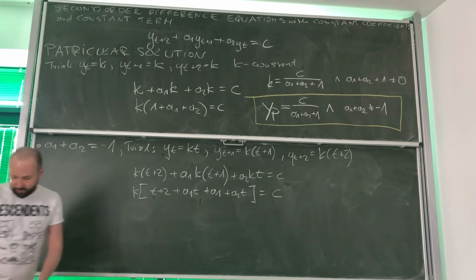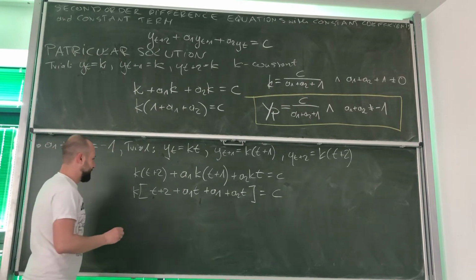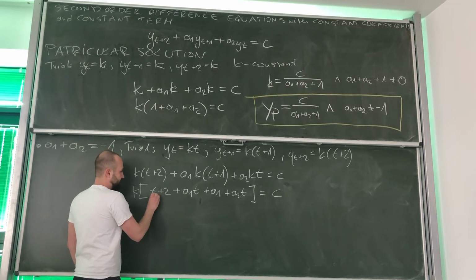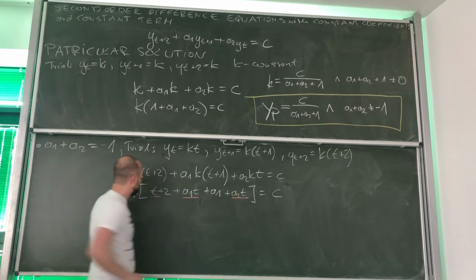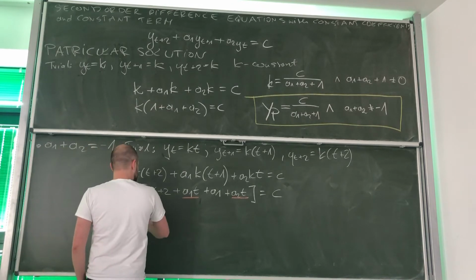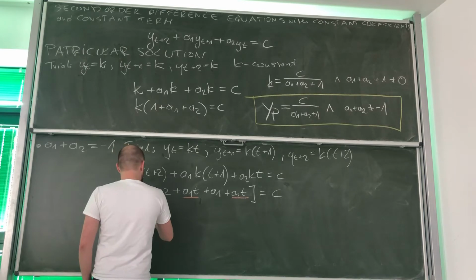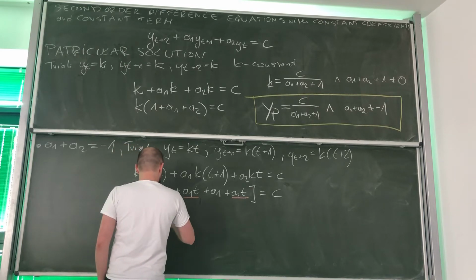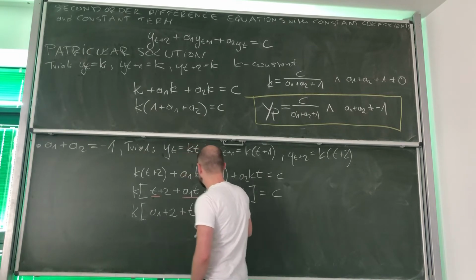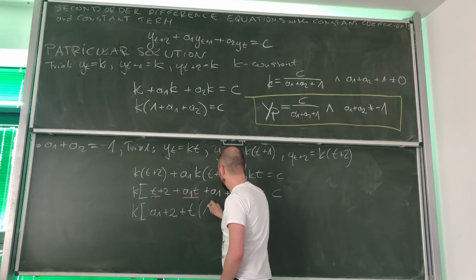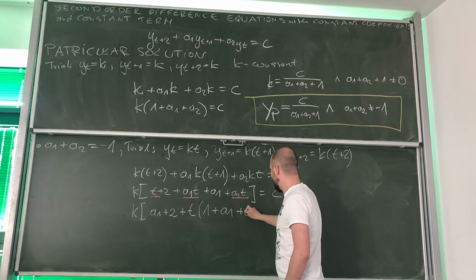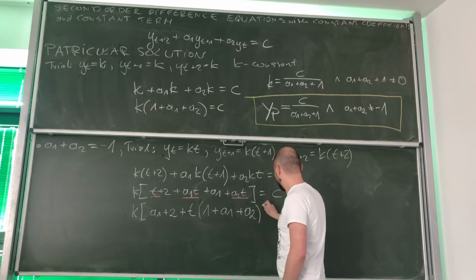And look, let's notice one thing. We see here clearly that we've got 3 expressions with t, right? So let's collect those together. So look, we are getting k times (a1 plus 2) plus t times (1 plus a1 plus a2).